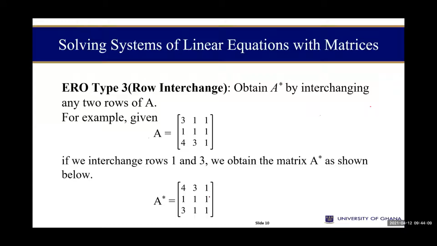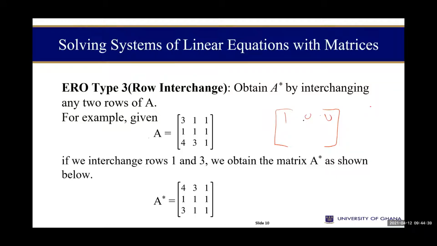We can also do row interchange. Okay, instead of multiplying or adding, you want to begin your operation by saying, let me interchange a row with another row. Remember, the quest is to convert any given matrix into an identity form. And by identity, we said that all the elements on the diagonal are 1. All other elements are 0. And identity matrices are square matrices.